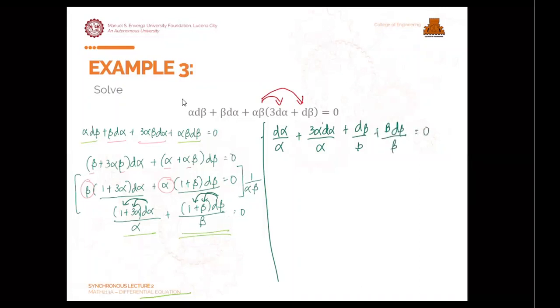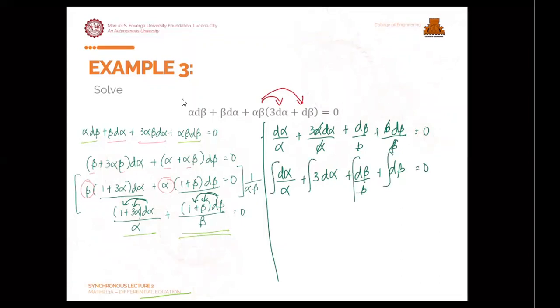Then ito magka-cancel out yung alpha nila, then beta. Matitira is d alpha over alpha plus 3 d alpha plus d beta over beta plus d beta is equals to 0. Then, integrate. So, integrate natin sa isa.